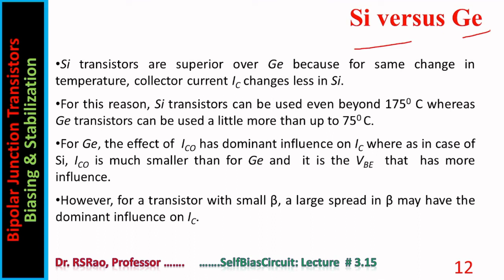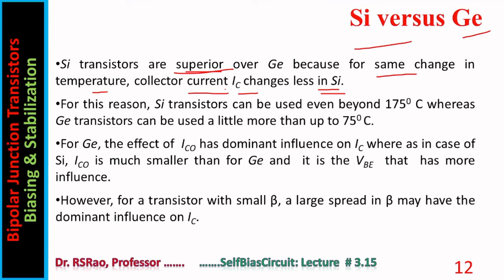Silicon transistors are superior to germanium because for the same change in temperature, collector current IC changes less in silicon. The silicon transistors are more stable when compared to germanium because the drift is less in silicon.